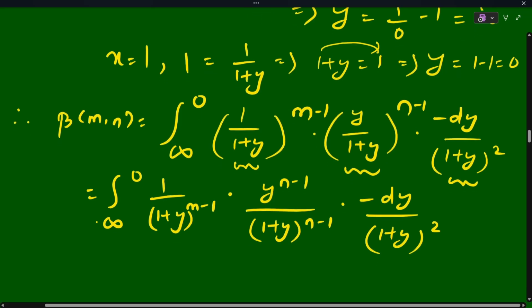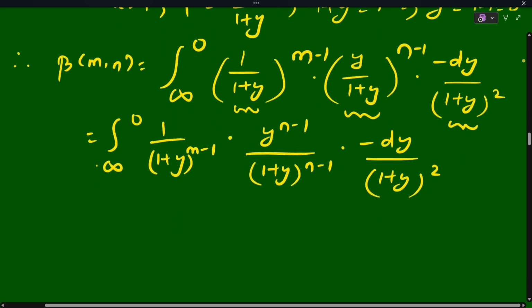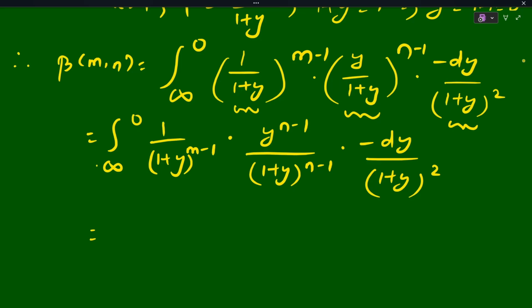Okay, so now see, I can take this minus sign outside of the limit of integration, or else here I am using the property that if this minus sign is here, then the limits will be interchanged. So that would be better. So I am taking this minus sign to the limits, so the limits will be interchanged, and this minus dy would be plus dy.